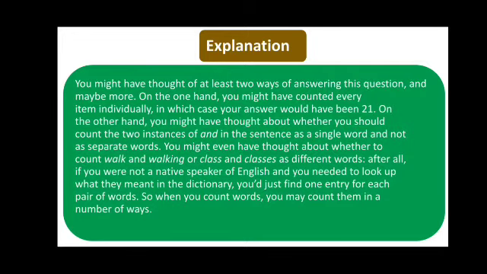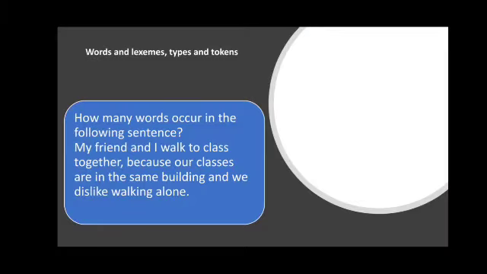So if you have counted each individual word, you may say that there are 21 words. For example, 1, 2, 3, up to 21. So if you have counted each word in this sentence, you may say 21 words.